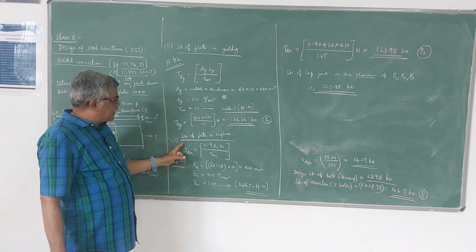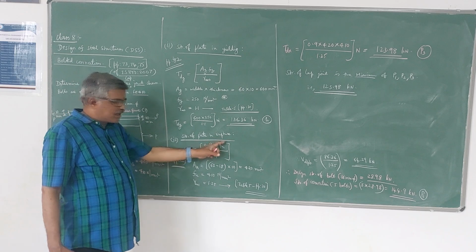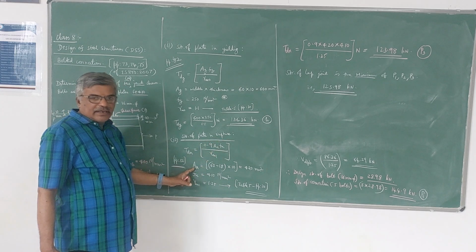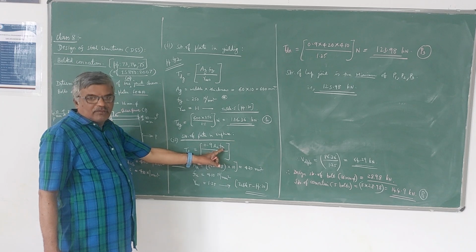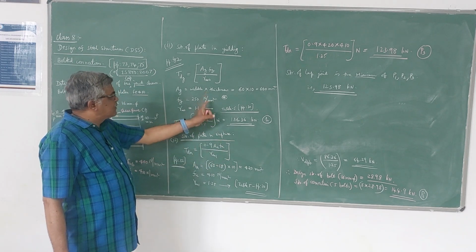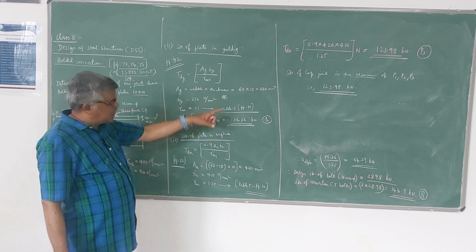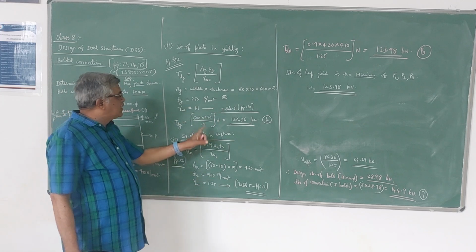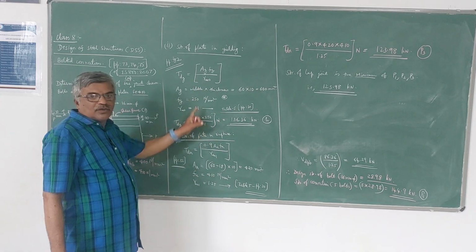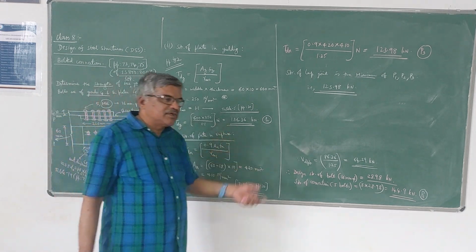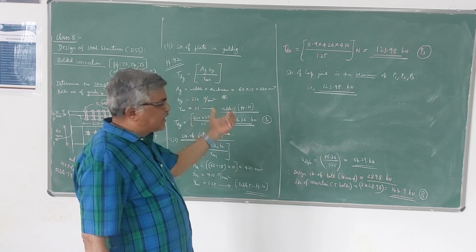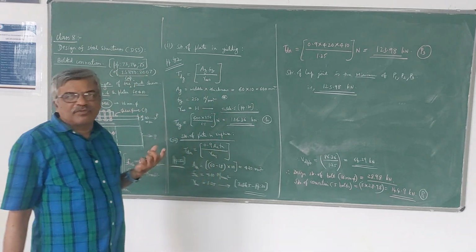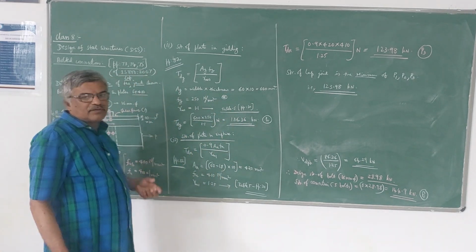When you are calculating the strength of plate in rupture, net section rupture, you have to take the net sectional area and the ultimate strength. Ultimate strength is 410, the yield strength is 250. Gamma m1 is 1.25, gamma m0 is 1.1. If you remember those things, you can quickly calculate. And finally, after getting all the three values, the least value gives the strength of the joint.